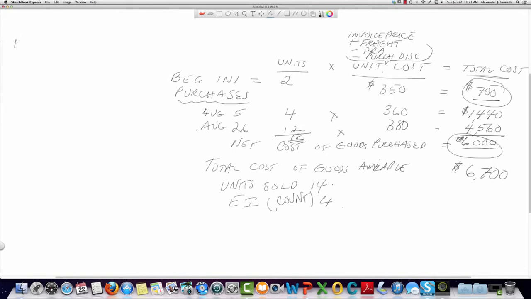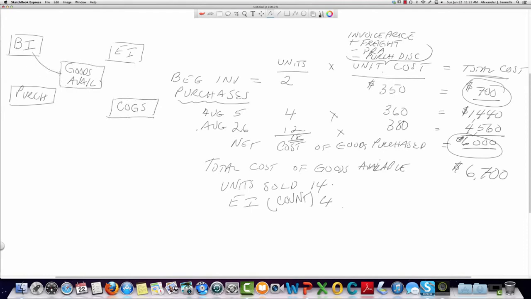So once again, if I think about this allocation problem, beginning inventory plus the purchases will give me goods available. That has to be allocated to ending inventory and the cost of goods sold. So the question is not the units, but the unit cost. So these units are current units that I've either sold during a current period or I have remaining during that current period.